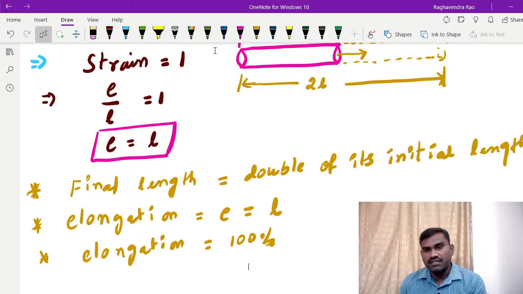Final length is equal to double of its initial length, or elongation is equal to original length, or elongation is 100%.